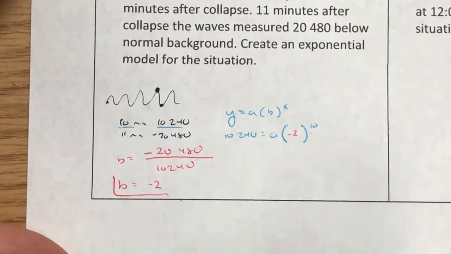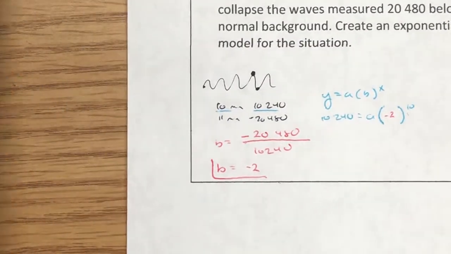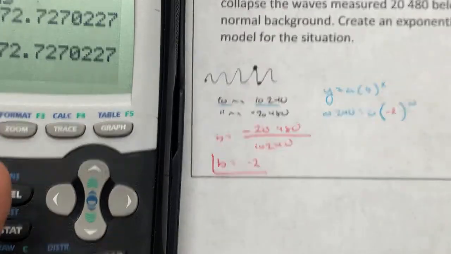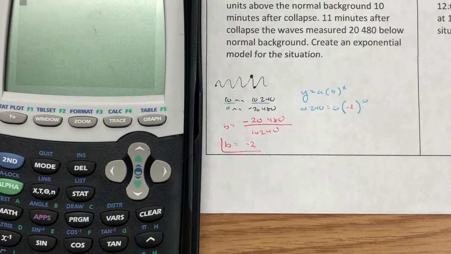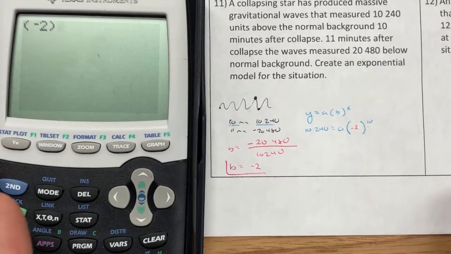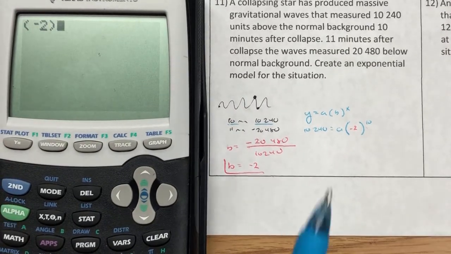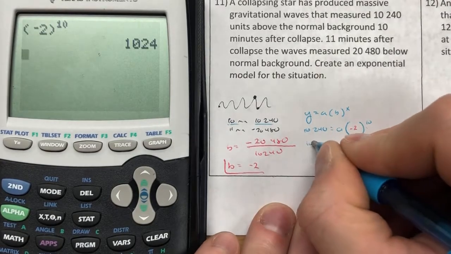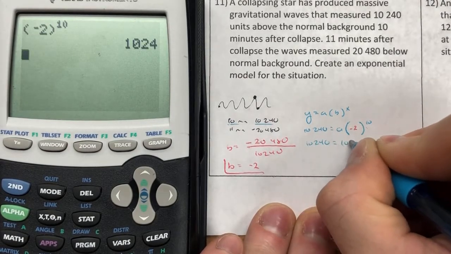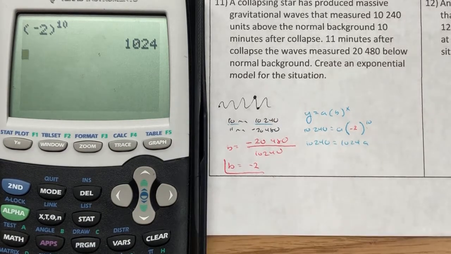Now this I will need a calculator because I don't know offhand what 2 to the 10th power is, let alone negative 2 to the 10th power. So clear all this. We get negative 2, remember to include it in parentheses so that we don't assume a negative error there, raised to the 10th power. And we'll get 10,240 is equal to 1024a.